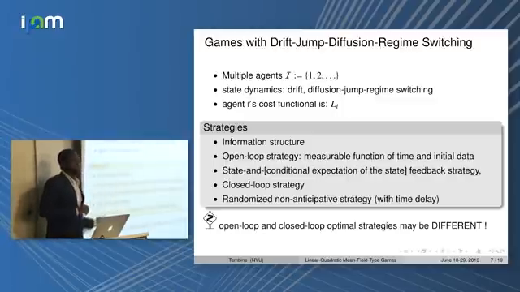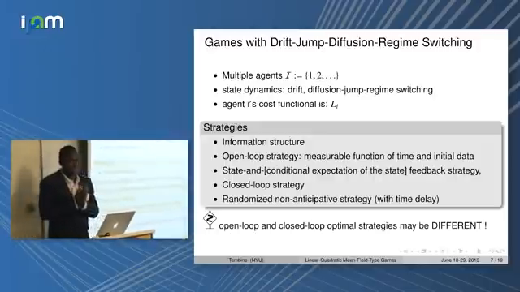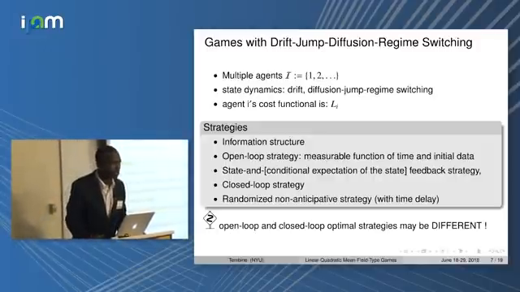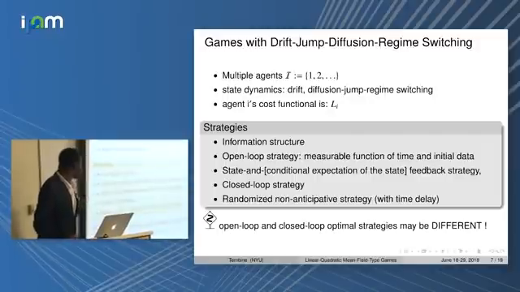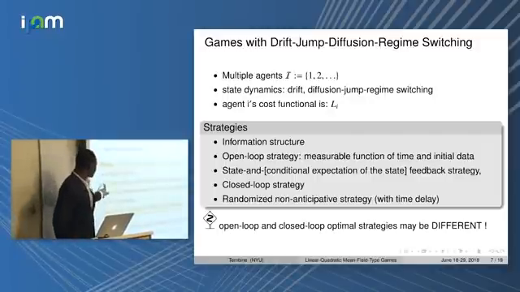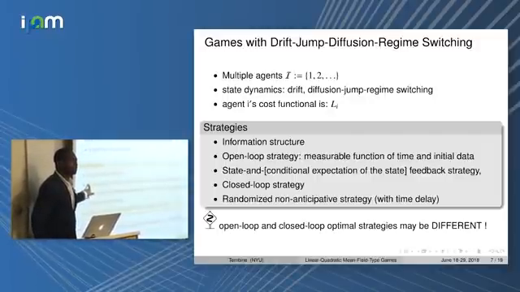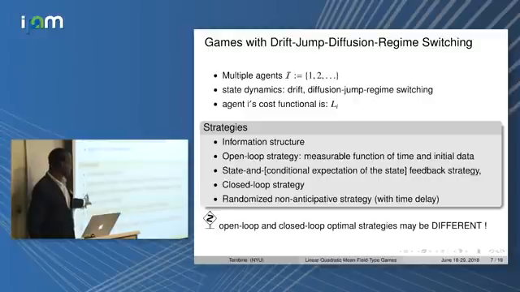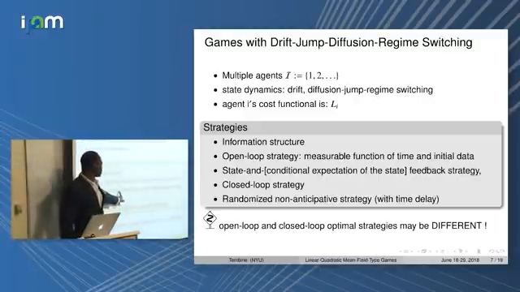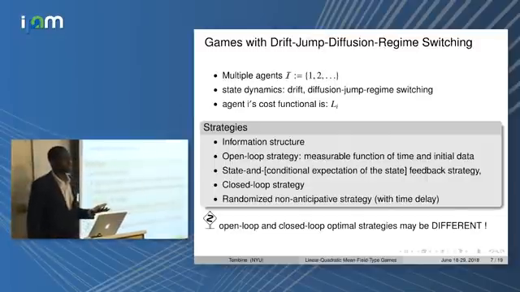Let me briefly comment on information structure. You already had a comment by Tamer Bashar on that. So we discussed open loop strategy, state feedback strategy. Now in the feedback, I will include a distribution on it.